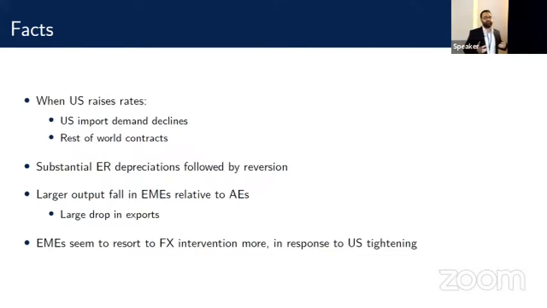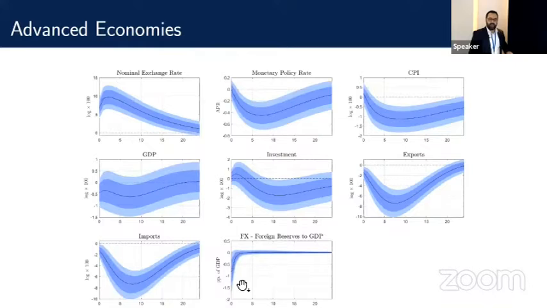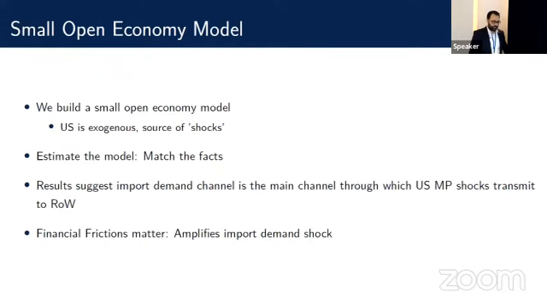And in both cases, we see a large decline in exports. And emerging markets seem to use FX interventions a lot. And people talked about this, emerging markets seem to raise interest rates. They follow the Fed a little bit. At the same time, they do FX interventions, while advanced economies seem to cut interest rates more.